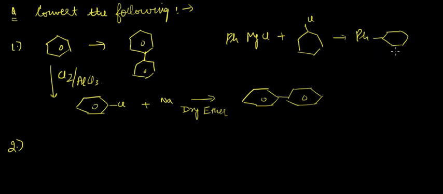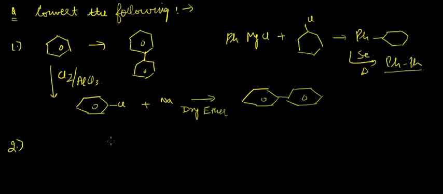Then if we react it with selenium and heat it, it would unsaturate the cyclohexane, and it would prepare the phenyl ring from the cyclohexane ring.